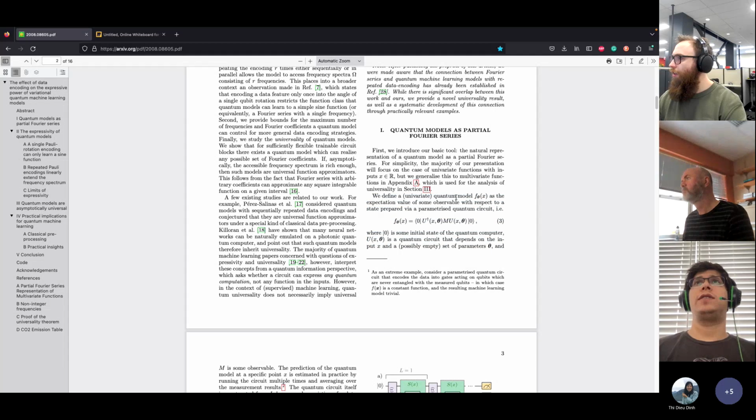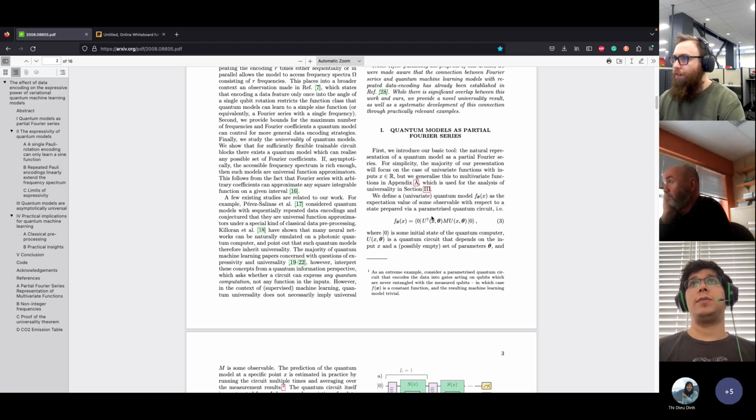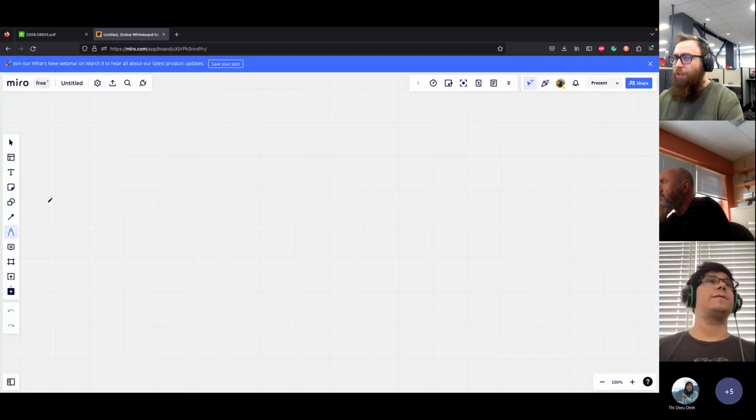We define a univariate quantum model, f theta of x, as the expectation value of some observable with respect to a state prepared via a parameterized quantum circuit. This thing here is an expectation value. Let me try to make some notes here of what it means.